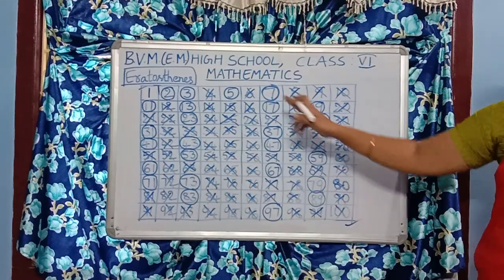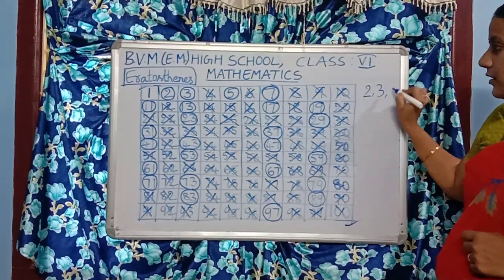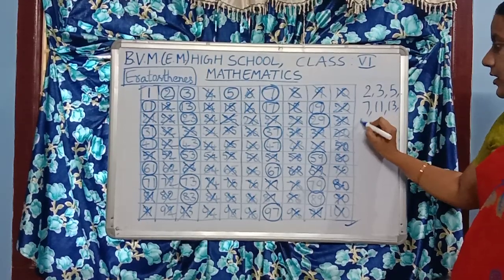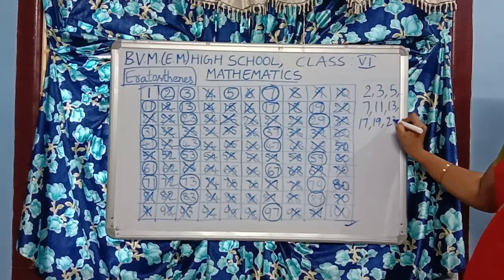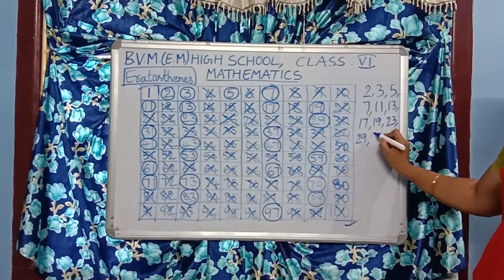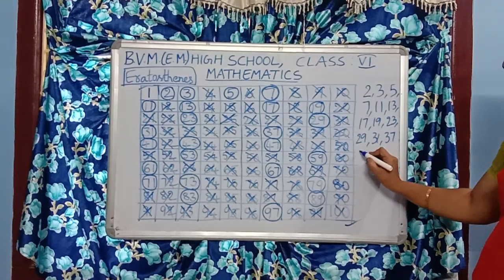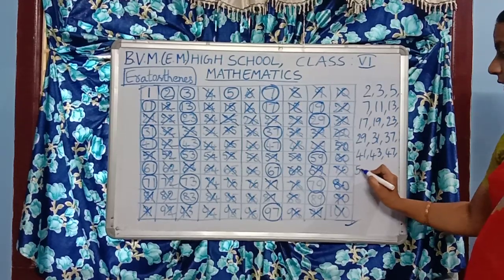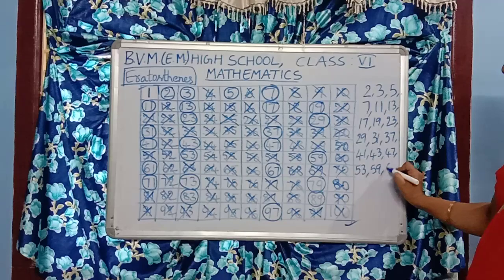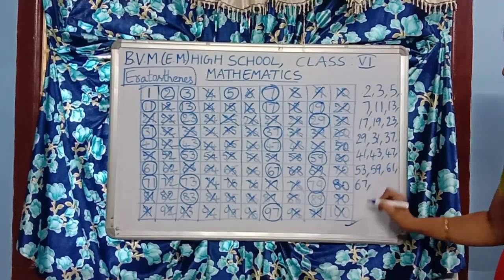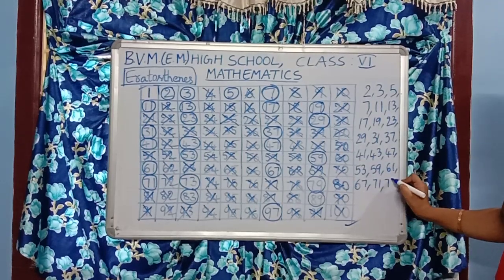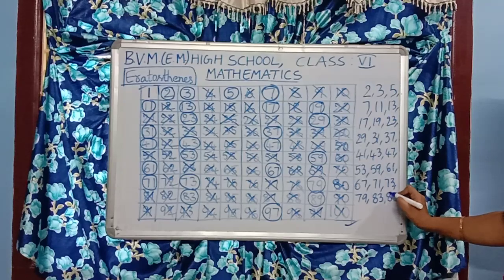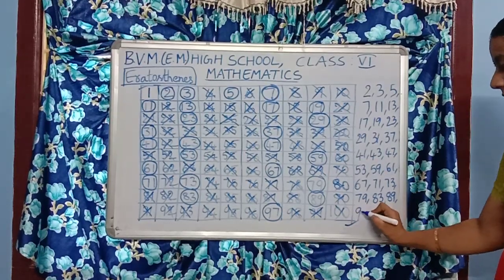From 1 to 100, what are the prime numbers? 2, 3, 5, 7, 11, 13, 17, 19, 23, 29, 31, 37, 41, 43, 47, 53, 59, 61, 67, 71, 73, 79, 83, 89, 97.